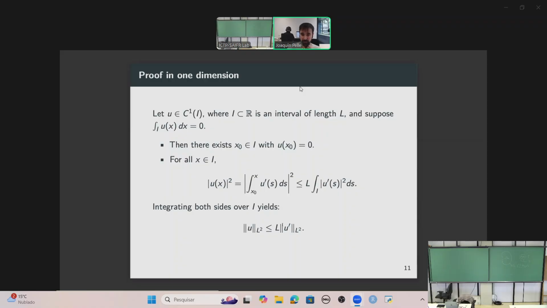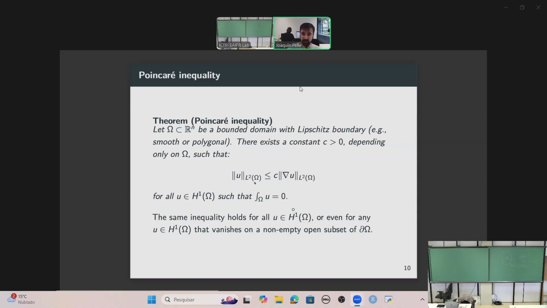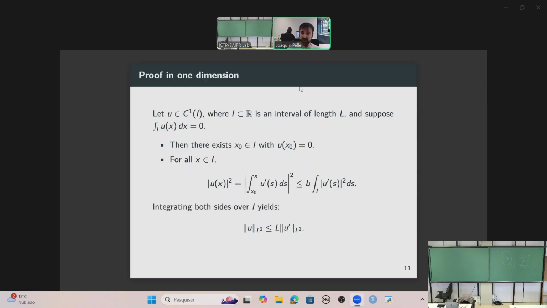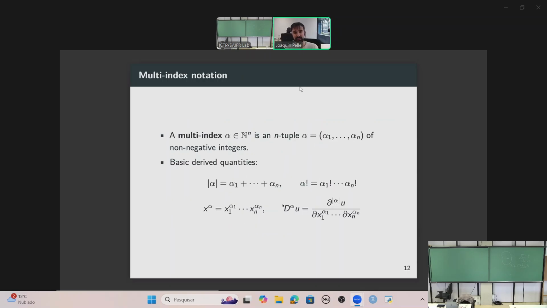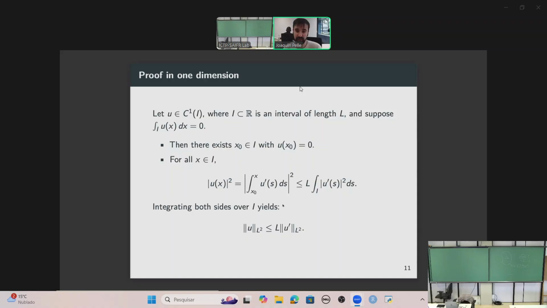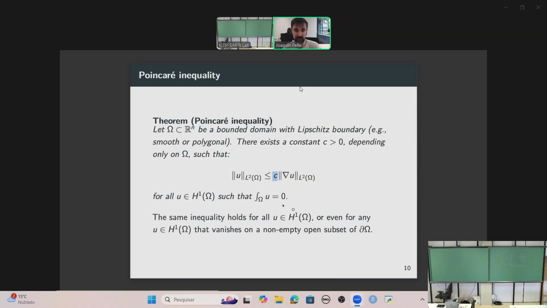And this, if you remember, is the result that we were trying to prove, that the L2 norm of u could be bounded by the L2 norm of its derivative in the one-dimensional case, where the constant C only depends on the domain. Here it's the length of the interval. This is to get an idea of only how the proof goes, and we are going to use this Poincaré inequality now to construct the bounds that we want to construct.